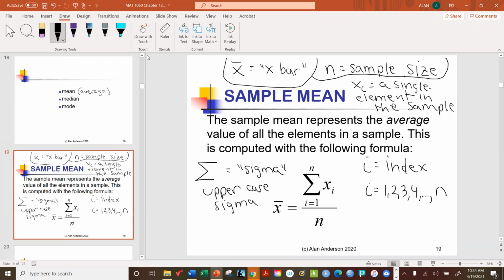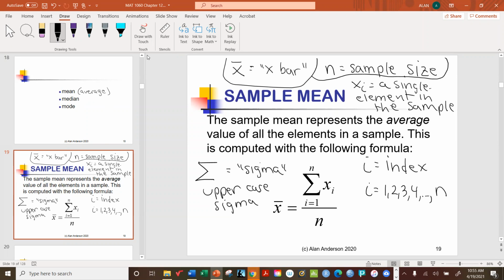Now, what else do we need to explain? Oh, here we go. How about this x with a little i? That i is known as an index, and it is a number, which you'll see here, can range from 1 all the way up to n, the sample size.